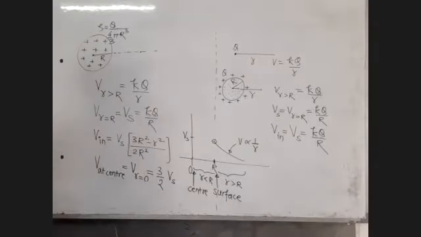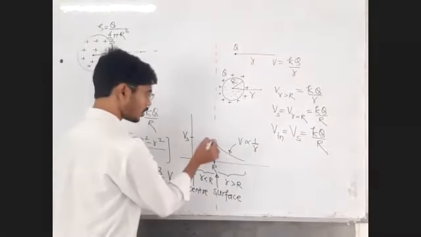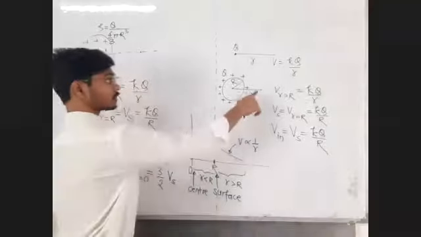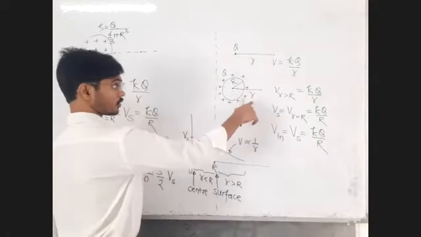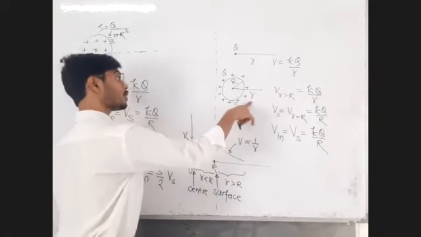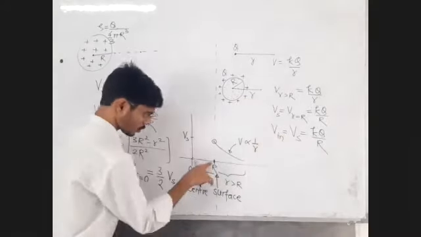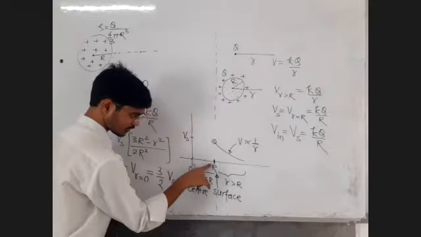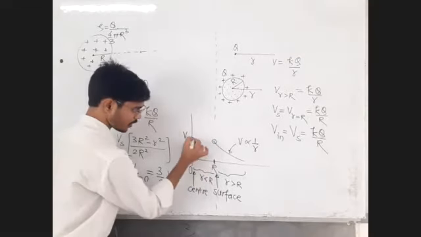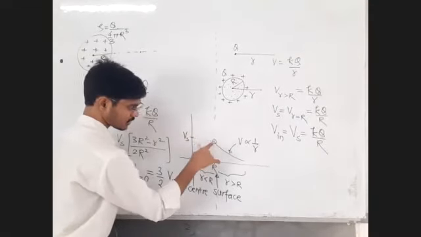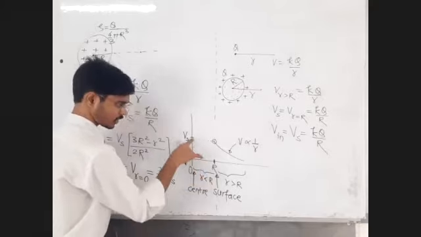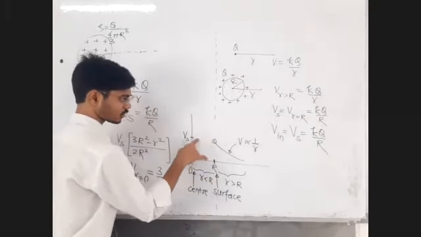Okay. Now sir, inside, the potential is not equal to the surface potential. For a shell, if I draw the graph, inside potential is equal to Vs. So for all the points which are inside, I would have drawn the graph like this. But that's not the case here.